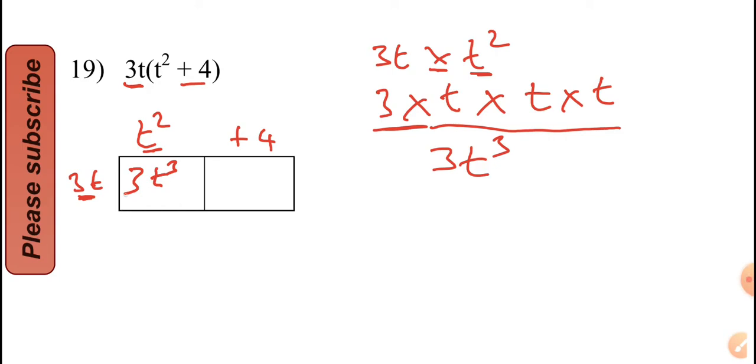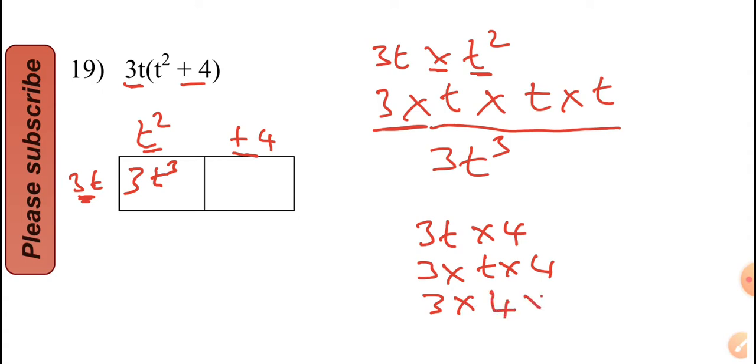And now we have to do 3t times plus 4. So 3t times 4, which I could just write as 3 times t times 4. So there's no harm in saying 3 times 4 times t. It's the exact same thing. So what's 3 times 4? 3 times 4 is just 12, times t is just 12t.